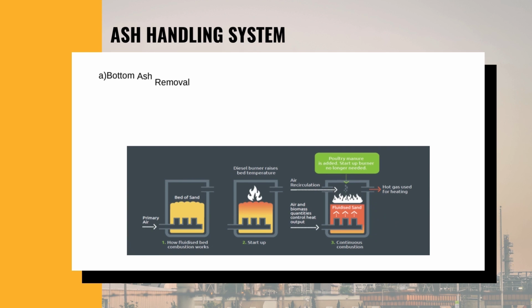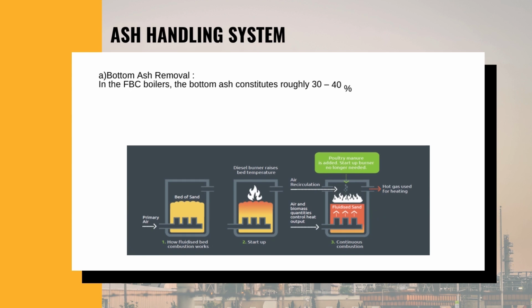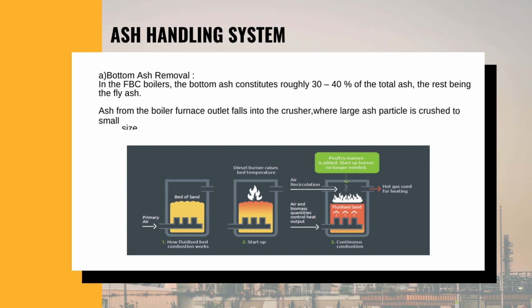Fourth one is ash handling system. These are of two types: bottom ash removal and fly ash removal. In FBC boilers, the bottom ash constitutes roughly 30 to 40% of the total ash, the rest being the fly ash.